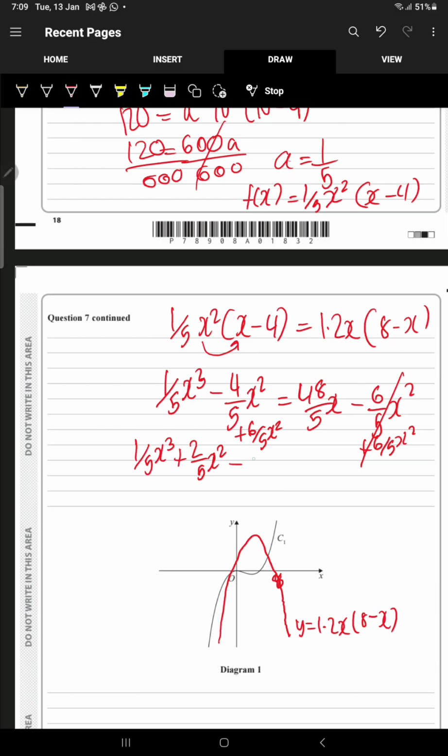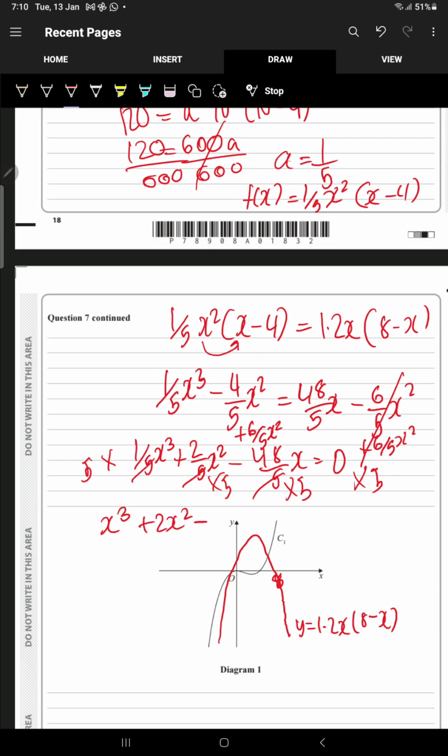So we can take a factor of x out. We have a common denominator of 5, so we can cancel these out by timesing by 5, and this is going to give us x cubed plus 2x squared minus 48x is equal to 0.